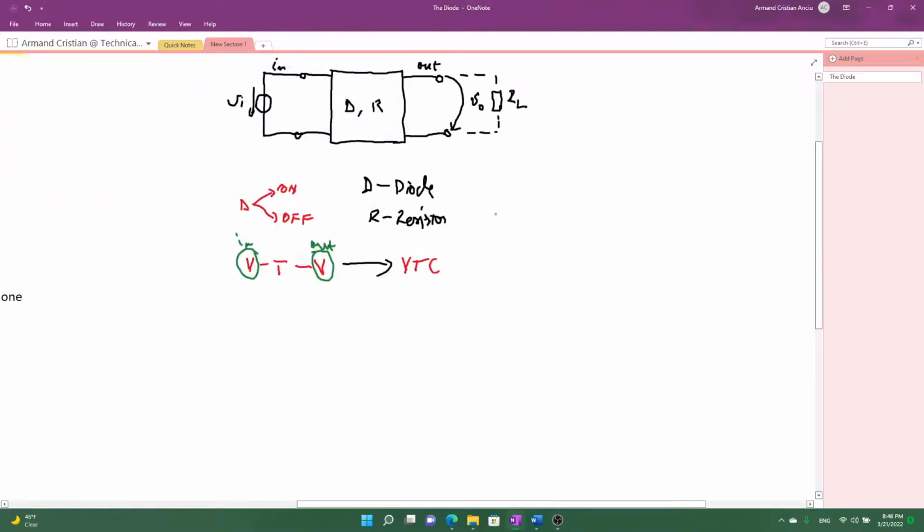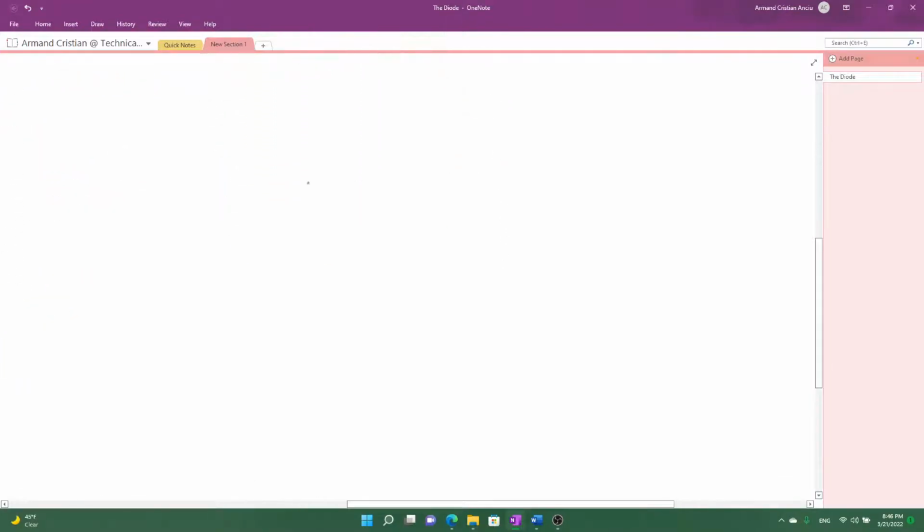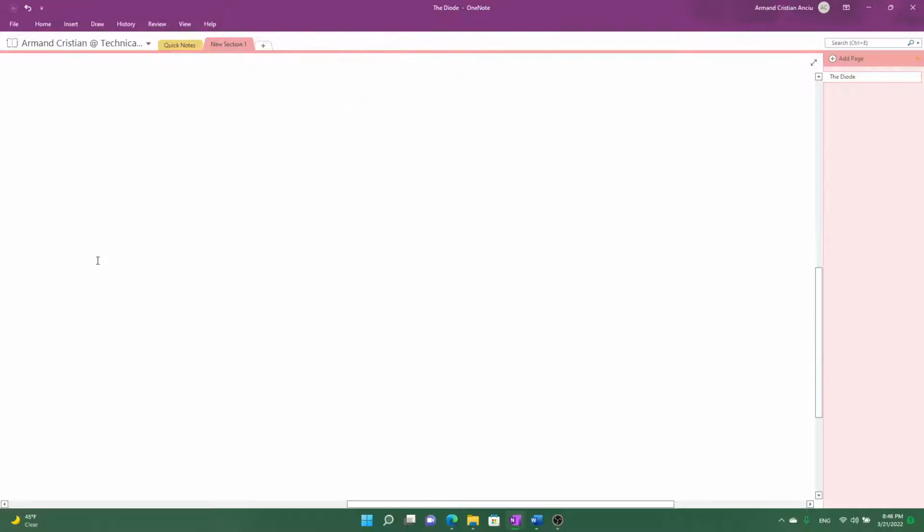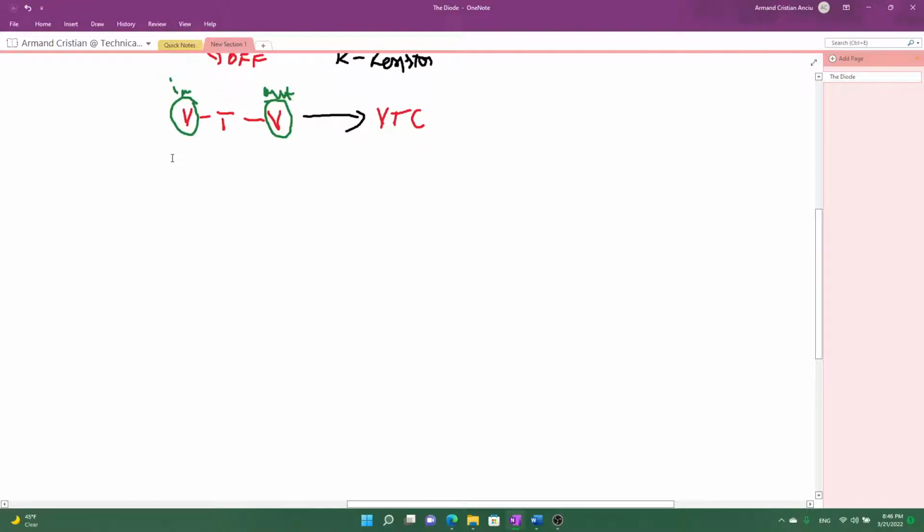So let's go ahead and solve one small exercise and see how we can find out the VTC of the ideal diode.